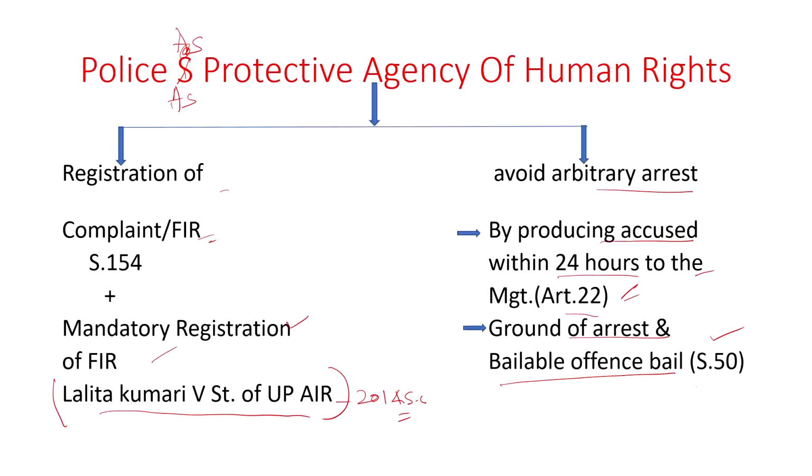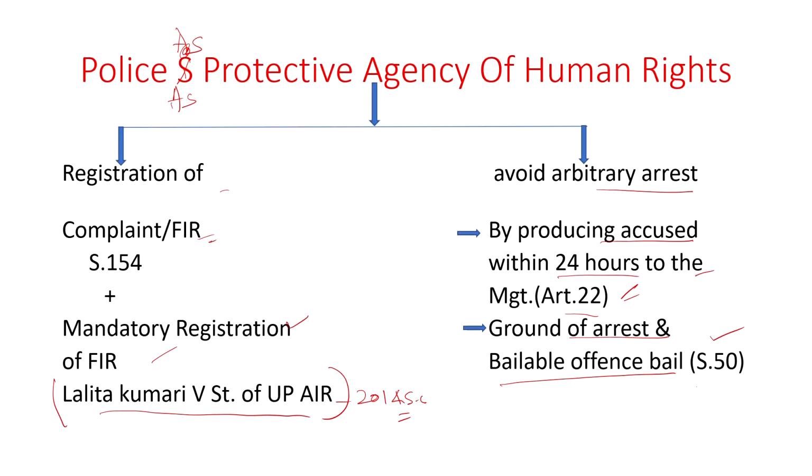In this Lalita Kumari case, I just want to quickly highlight the facts. A minor girl was abducted by the accused from the guardianship of her parents. At the time of abduction, she was a minor.